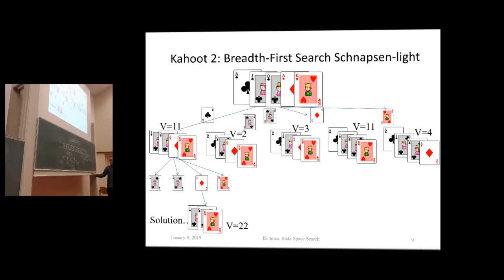It's very simple. The only thing you need to remember is that this data structure always adds things at the end, and the new things to explore are taken from the beginning. That allows you to explore all the nodes systematically, level by level, until you find a solution. And here I'm quite lucky that I found a solution so early, just for the sake of making it fit on the board.